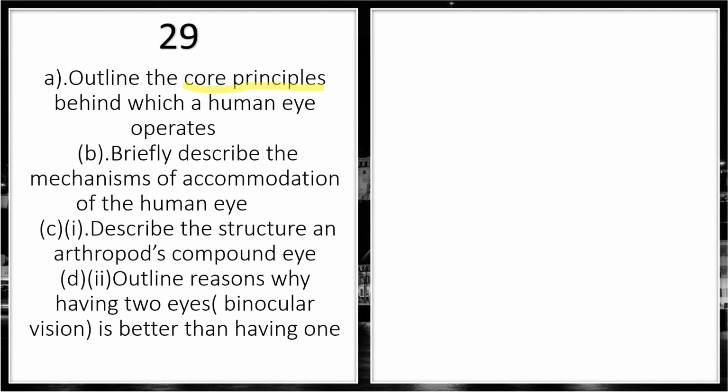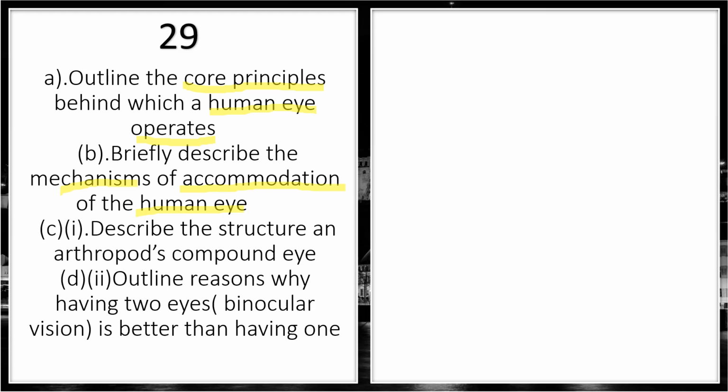A. Outline the core principles behind how the human eye operates. B. Briefly describe the mechanism of accommodation in the human eye.